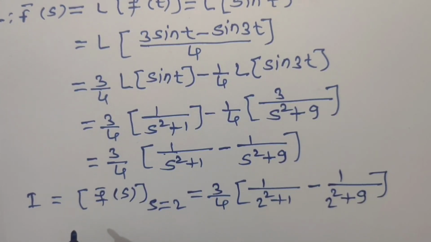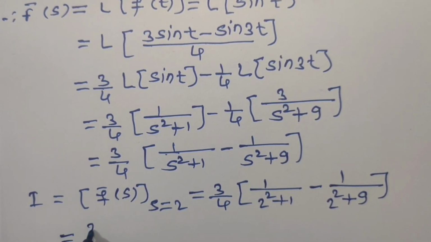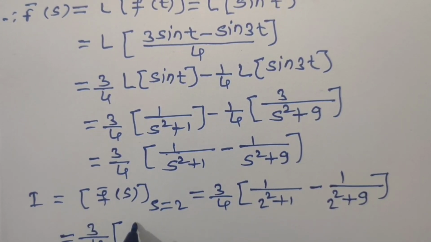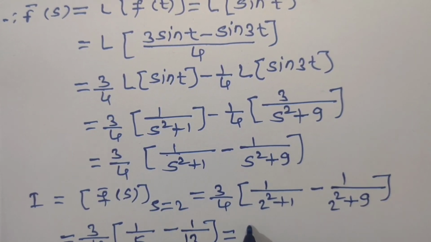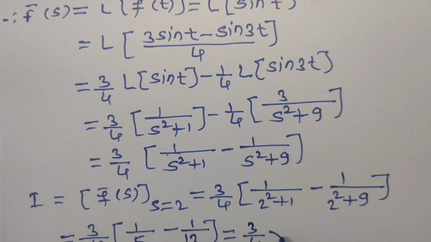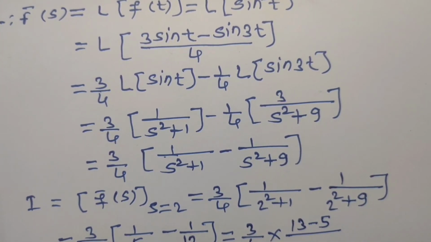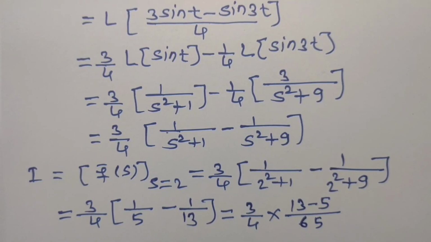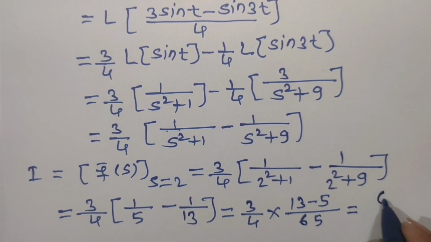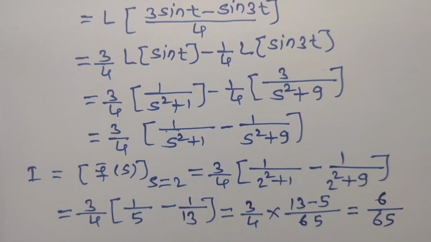Hence the value of the integral I is finally 3 upon 4 into bracket 1 upon 5 minus 1 upon 13. So this is equal to 3 upon 4 into (13 minus 5) divided by 65. So its answer is 6 divided by 65. This is the value of the given integral.